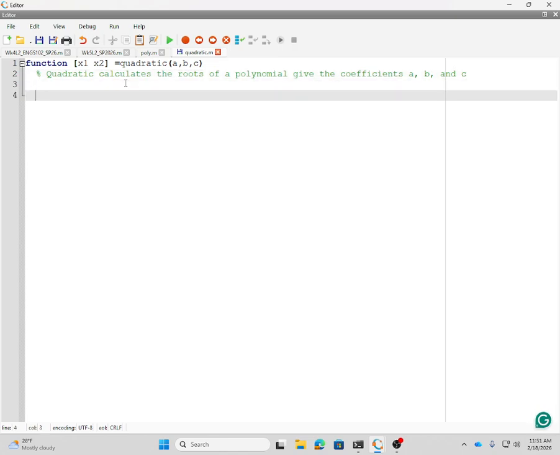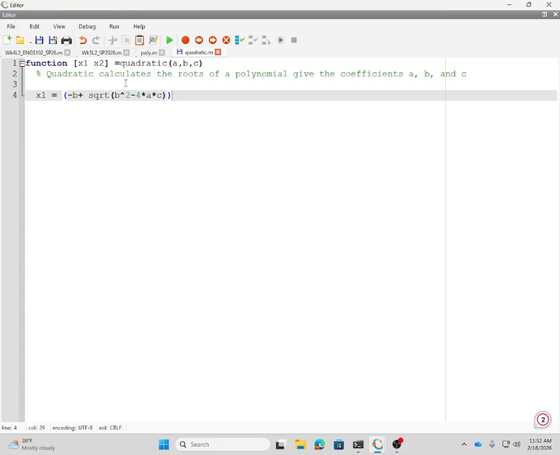Now it's time to write the actual function, which is x1 equals minus b plus square root of b square minus 4a, and make sure you put an asterisk between 4a and c. Oftentimes students make a mistake here, and make sure you close the parenthesis.